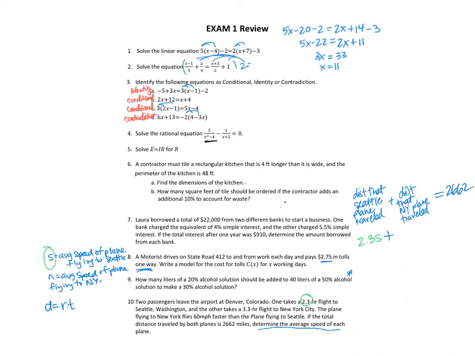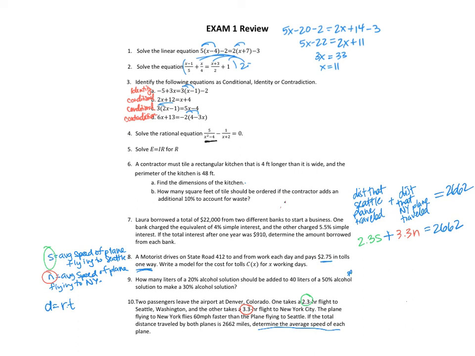And then what about the New York plane? Well, the speed of the New York plane I've called N, and it's traveling for 3.3 hours. And so that's going to be 3.3N if I do the rate times time. And that's going to need to be equal to 2,662.